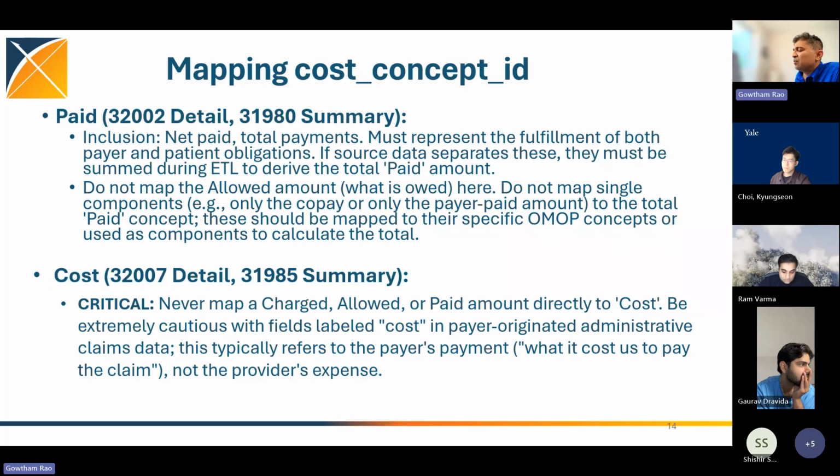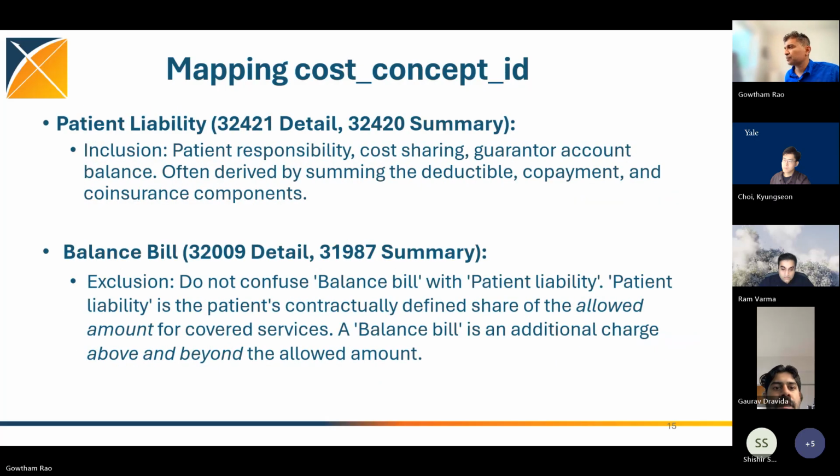So we have to be extremely cautious when we use the term cost, because when we say cost, it is the cost of delivering care, not the money they receive. We have to be clear in our use of the word cost, because by itself it seems very ambiguous, but that's what it means in this context.